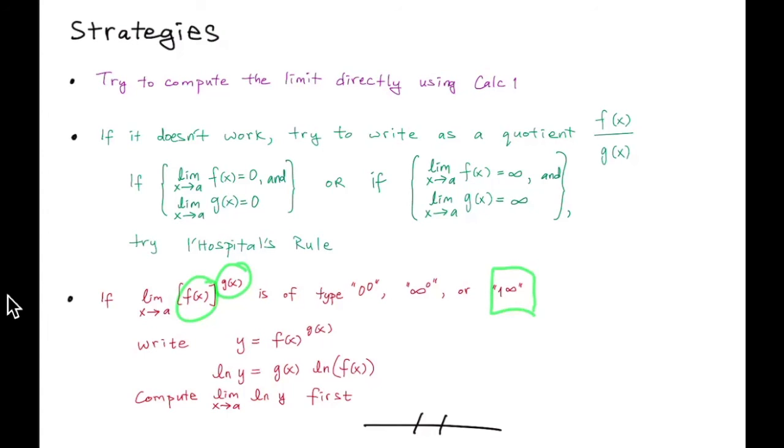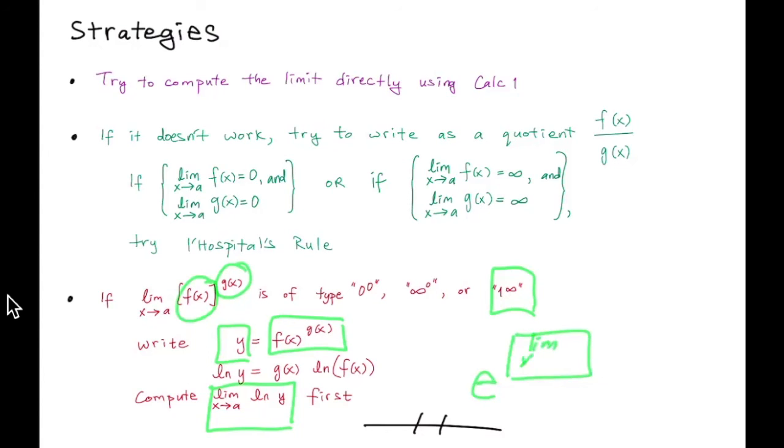So whenever you have this situation, you can just write down the function as y, and then take the natural log of y. And this is going to be something that you can then compute using L'Hopital's rule. And once you've done, your answer is going to be e to the limit that you compute, like I did in the previous slide.